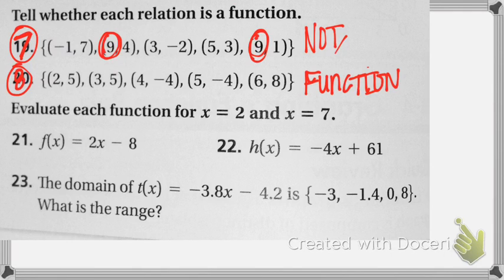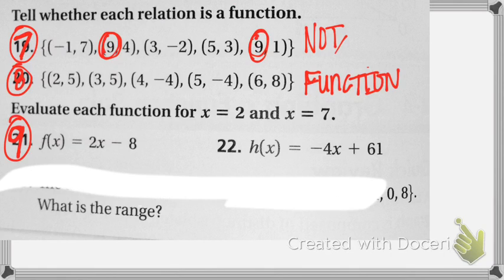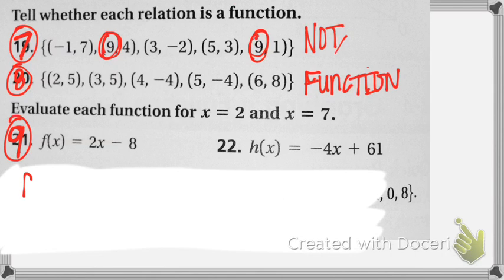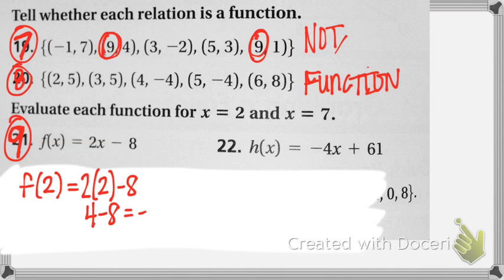Alright, we'll call this one 9. We want to evaluate this for x, and I want to do it for if x is 2 and for if x is 7. So I'm just going to get rid of these other problems. If x is 2, then f of 2 equals, and you're just going to replace this x with a 2. So it's going to be 2 times 2 minus 8, which is 4 minus 8, which is -4.